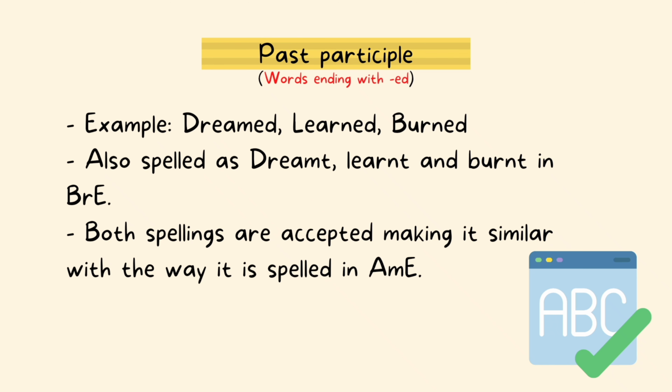Next is past participle with words ending with ed. Some of the examples of words used are dreamed, learned, and burned. As you know, sometimes in the British English they would change it to dreamt, learnt, or burnt, but it is also acceptable to use ed for these words. So it makes it similar to the American English.